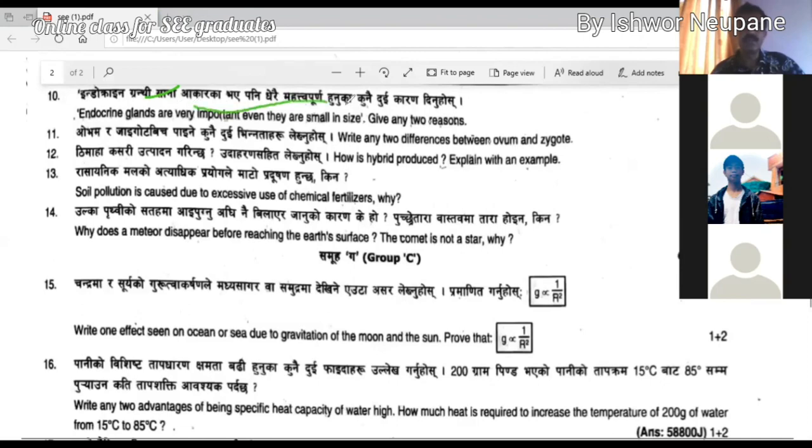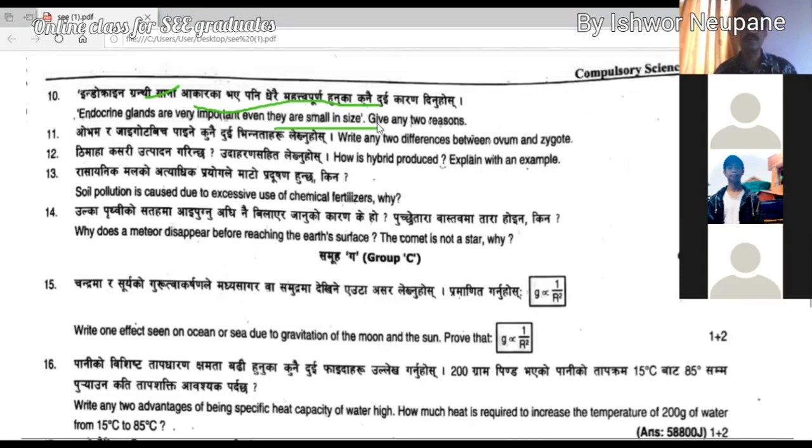They are more important because they secrete hormones, which help to communicate among different organs of our body. Number one, they secrete hormones. Number second, they help to communicate among different organs of our body.